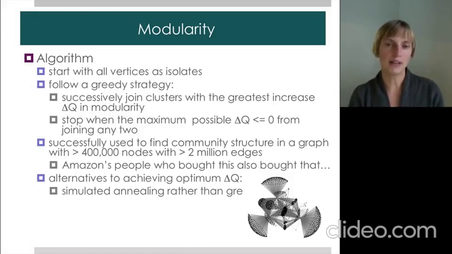But now, rather than joining together vertices or groups of vertices that are similar according to some measure, we're going to join the ones such that the modularity increases maximally.